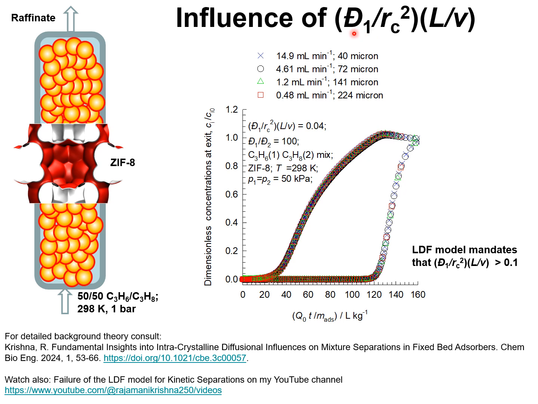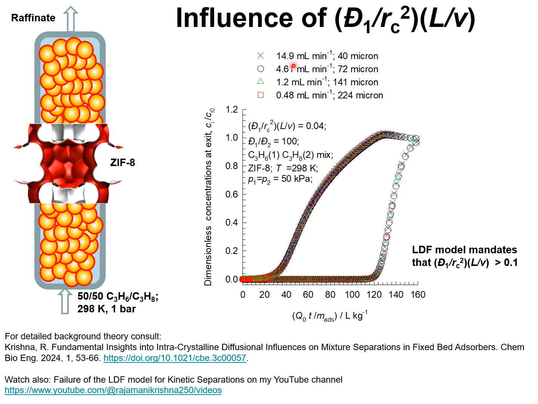The product of the diffusional time constant in units of seconds to the minus 1 and the contact time in units of seconds, that is optimum, is 0.04. Now this optimum product of diffusion time constant and contact time can be achieved in many ways.